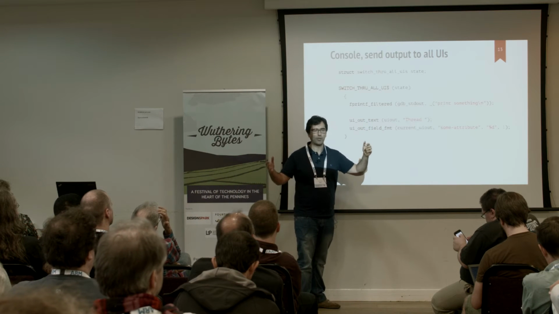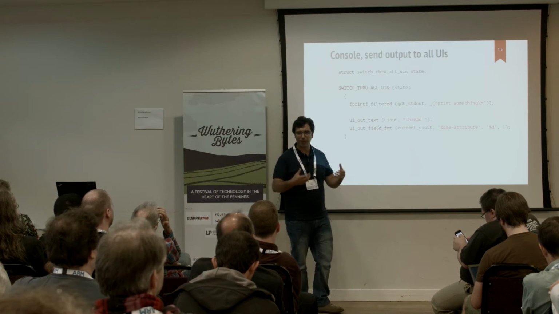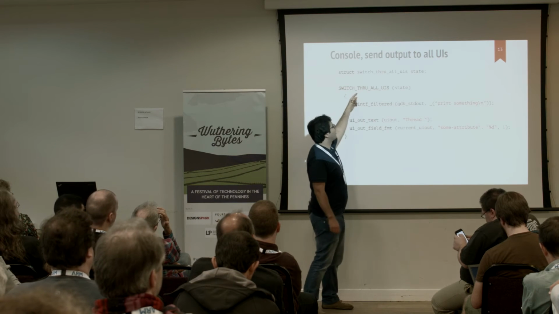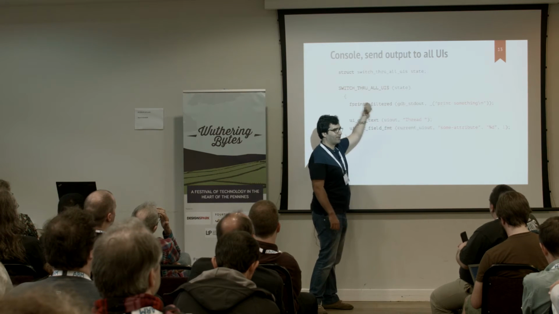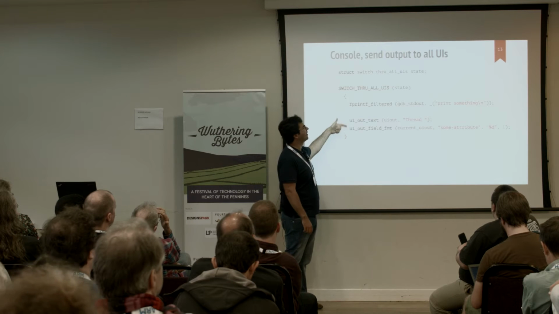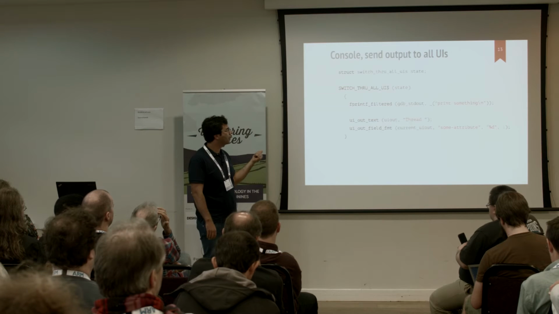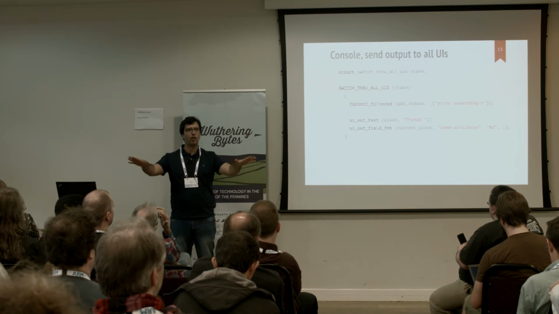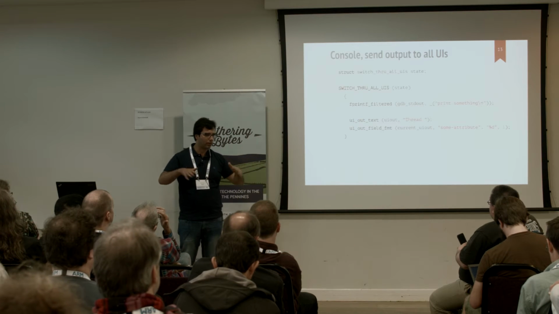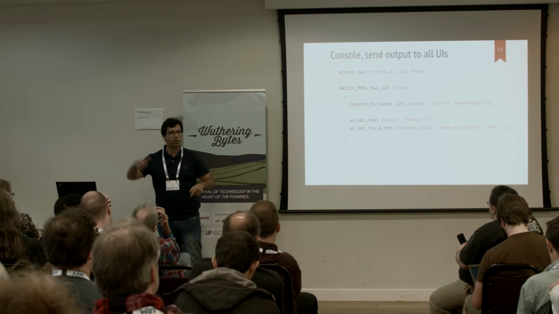Remember, GDB loves globals, so there's a global called the current UI. So this switches the current UI to one, runs the body, and then the next, and runs the code. This will be found in places where GDB needs to send output to the user, either to the CLI or to the MI channel.